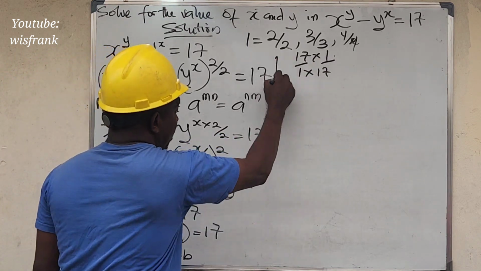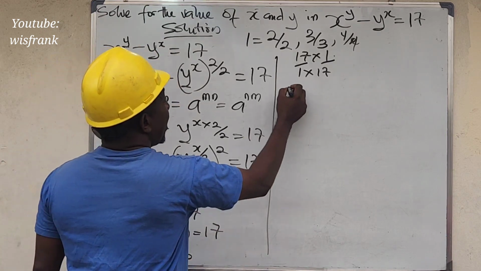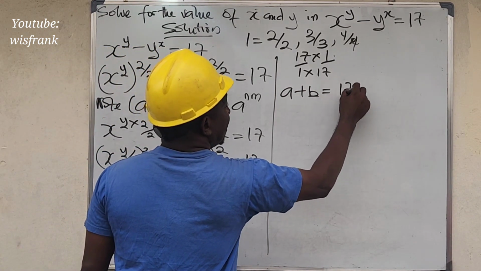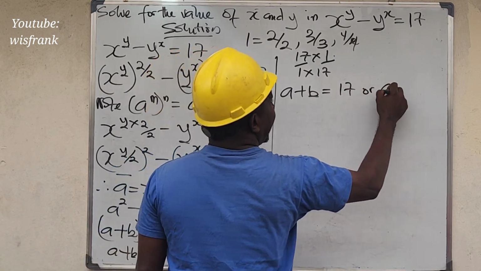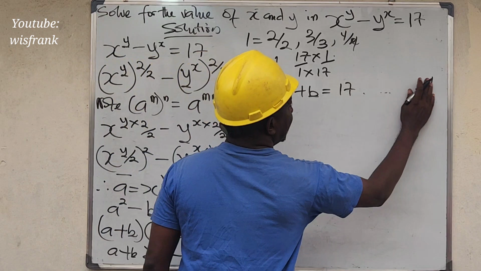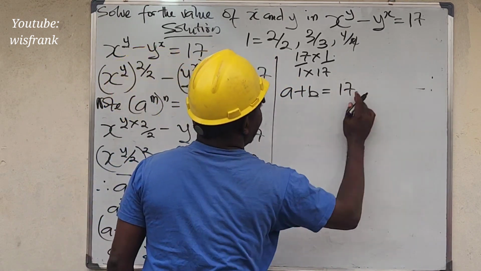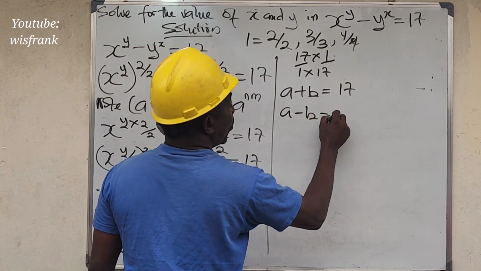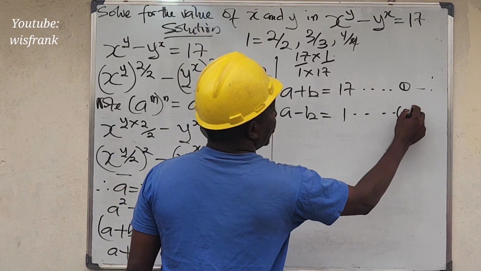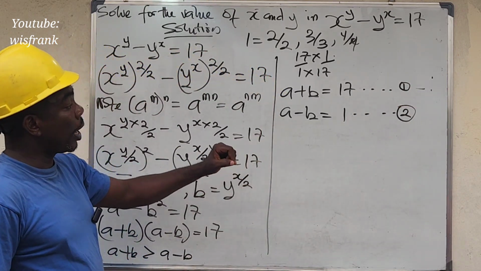So doing this, it is going to give us a plus b equals 17, and a minus b equals 1. Let's call this equation 1 and let's call this equation 2. So that is what we have for now.